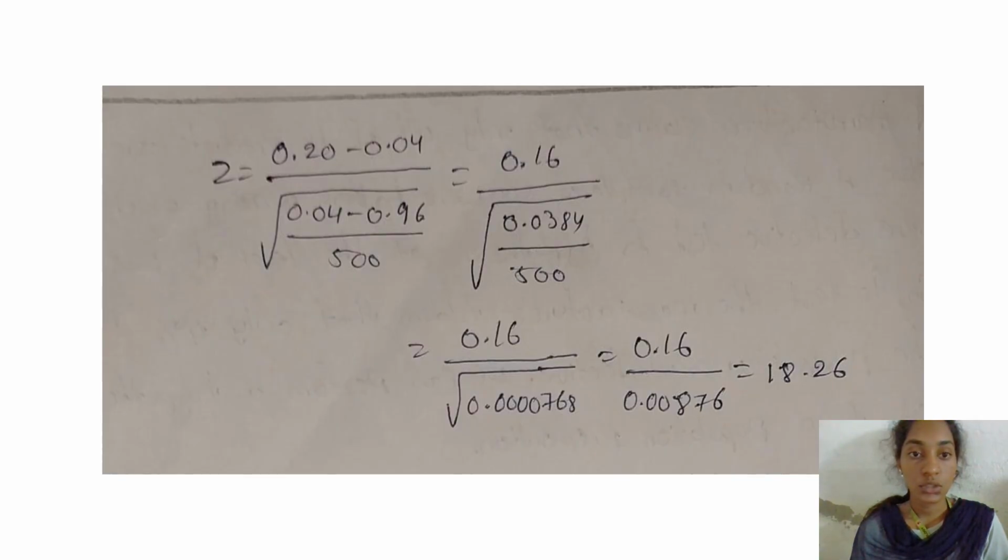Z equals (0.20 minus 0.04) divided by the square root of (0.04 times 0.96) divided by 500.